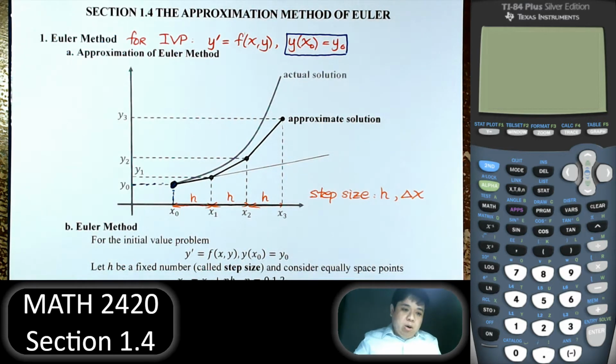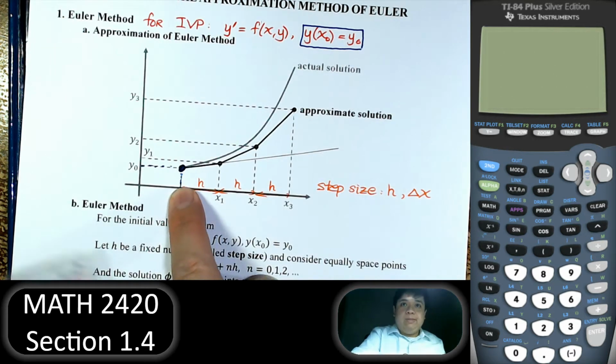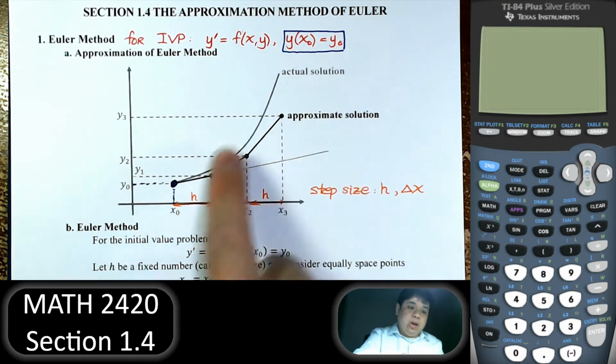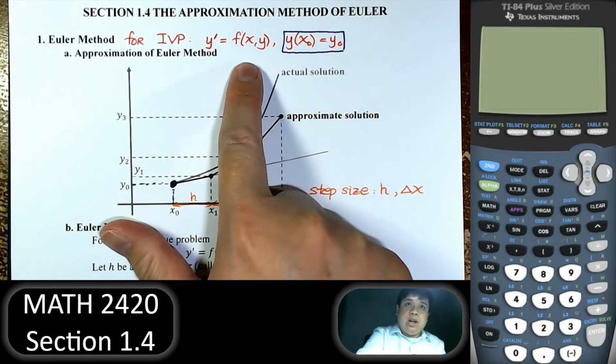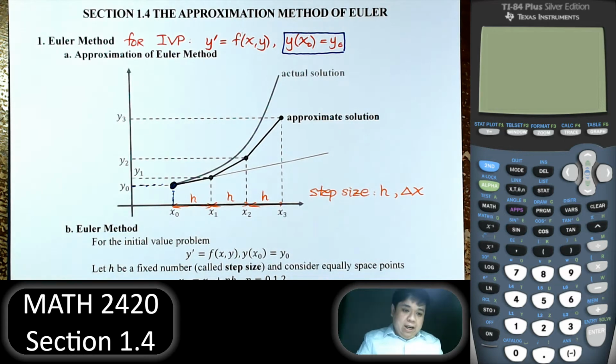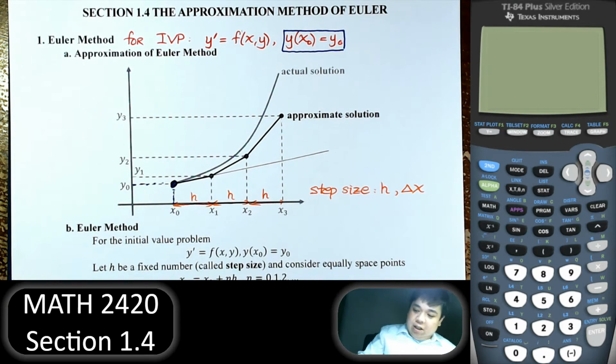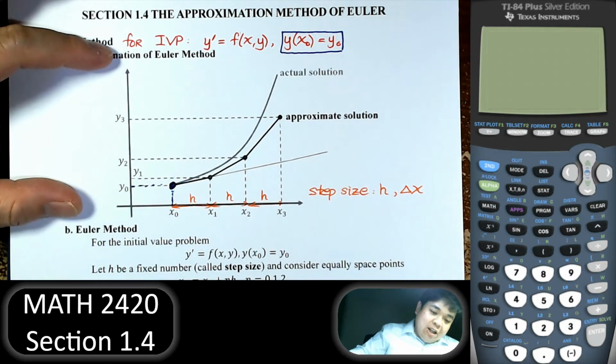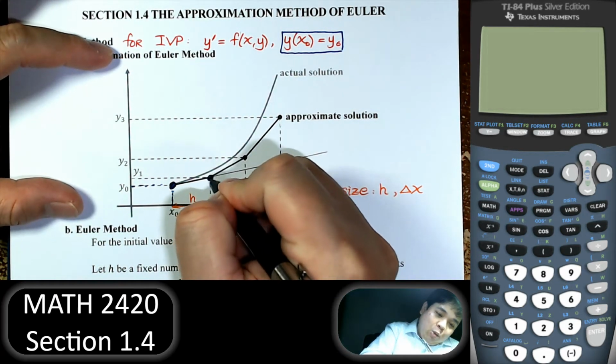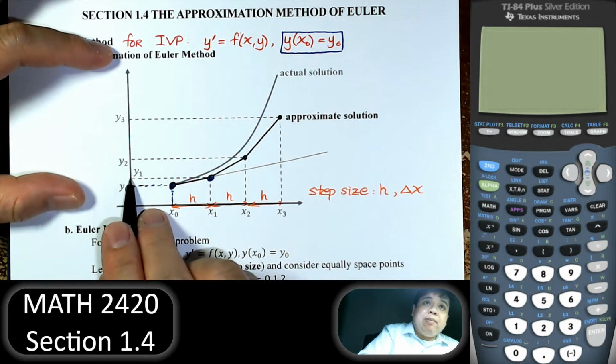So we know where we start, the initial condition, and then we calculate the slope and go in that direction, taking the step size. We stop there, and the next point is what we call x1, y1.